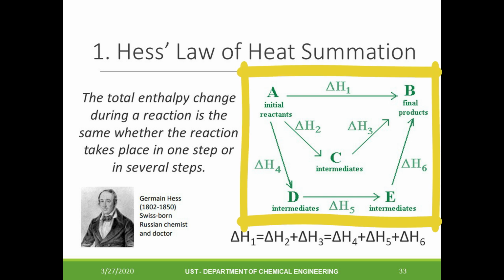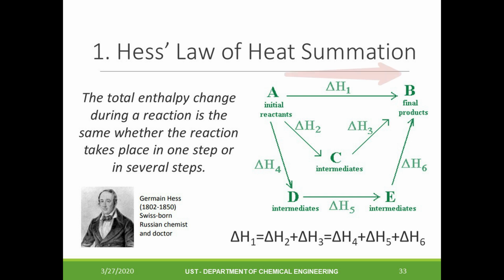Delta H1 is the change in the enthalpy from A to B, which is pathway 1, the most direct route with no intermediate stages. We can also go from A to B through an intermediate step C. If each step has a corresponding delta H, then delta H1 is equal to delta H2 plus delta H3.